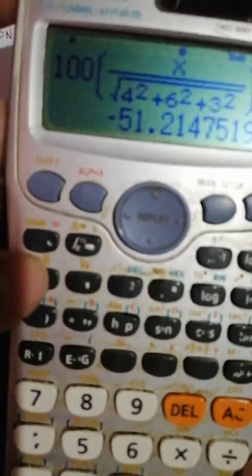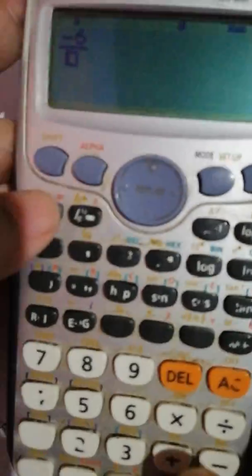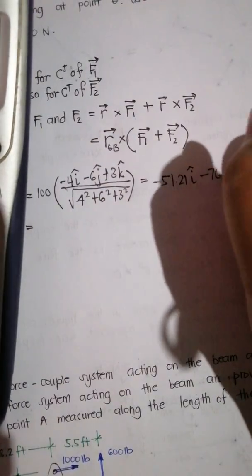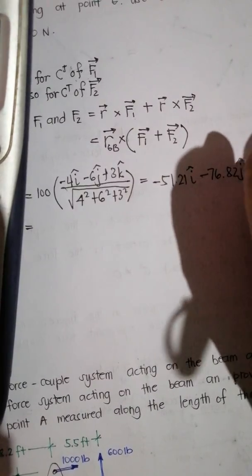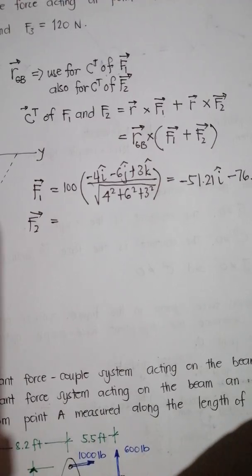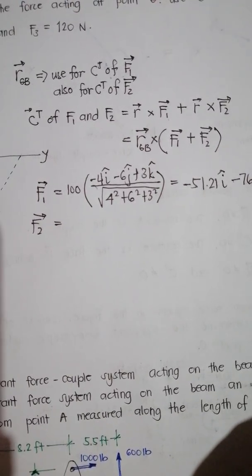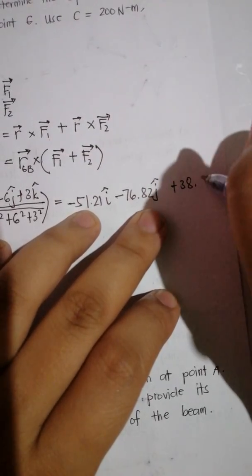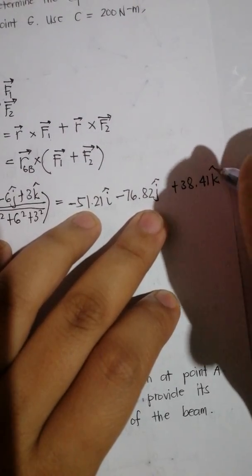And then we have negative 6, negative 76.82 j hat. Tapos yung k hat, teka lang, 3, 38.41 k hat. Ayan.